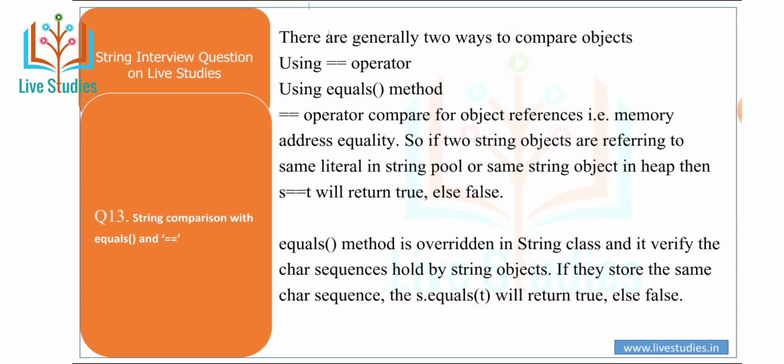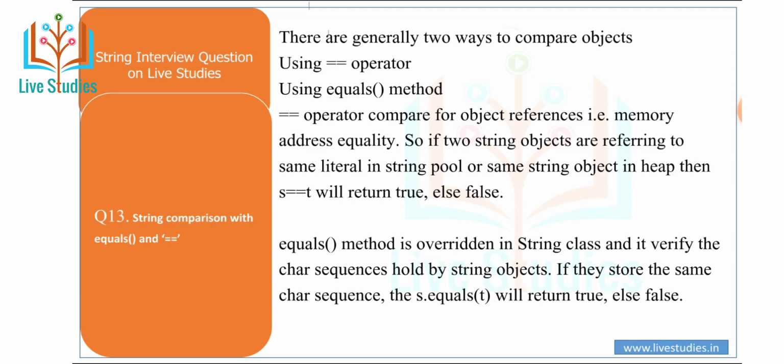Another question is, string comparison with the equals method and the equal operator. There are generally two ways to compare objects: using the equal operator and using the equals method. The equal operator compares object references, that is, memory address equality.